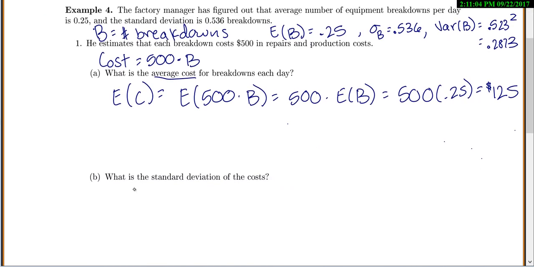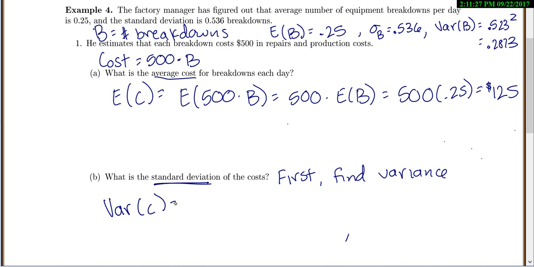Now, what is the standard deviation? There's a shortcut method you can use here, but sometimes it's easier to not worry about shortcuts and just do everything the long way. So to find standard deviation, first find variance. So the variance for cost is going to be the variance of 500 times b.